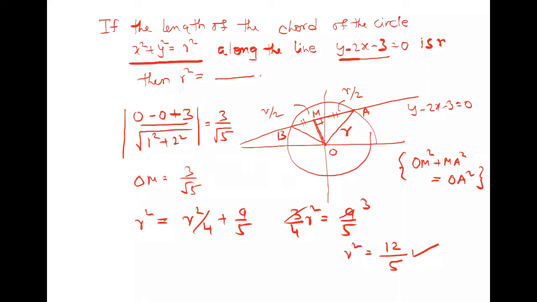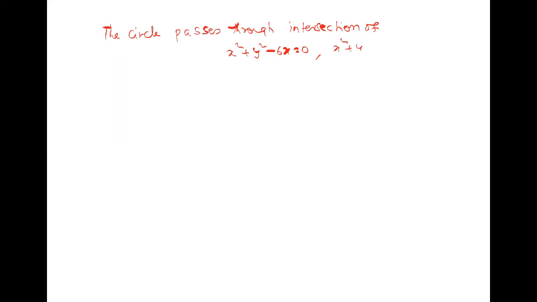Next one. Quickly we can do one more problem. The circle passes through intersection of x square plus y square minus 6x equal to 0, x square plus y square minus 4y equal to 0, having center on 2x minus 3y plus 12 equal to 0.